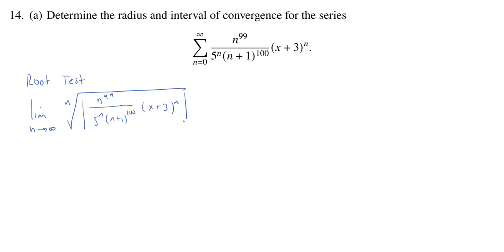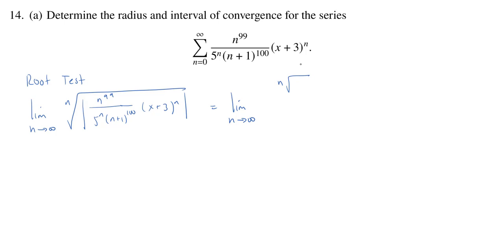All right, now the nice thing is everything here is being multiplied together, and the absolute value as well as the nth root are going to coexist very nicely with multiplication. So I'm going to be able to rewrite this as this limit as n goes to infinity of, we're just going to break this up into little pieces.